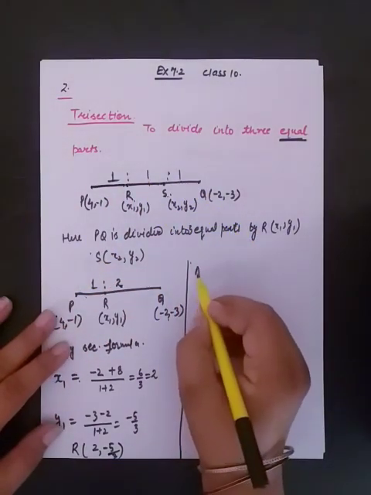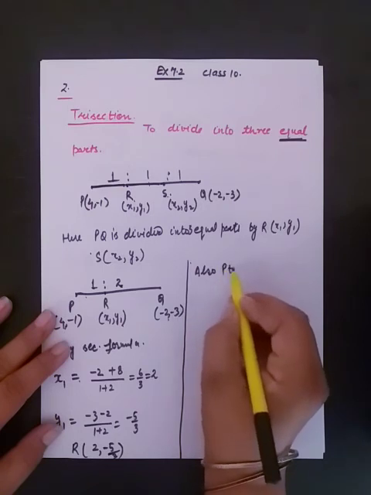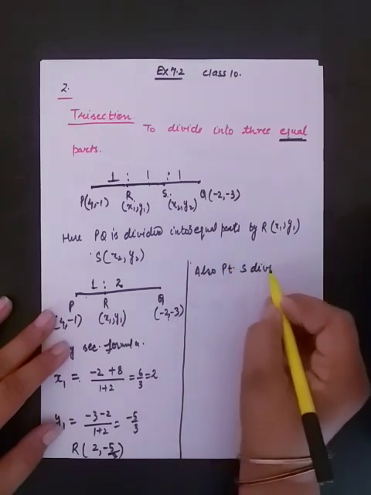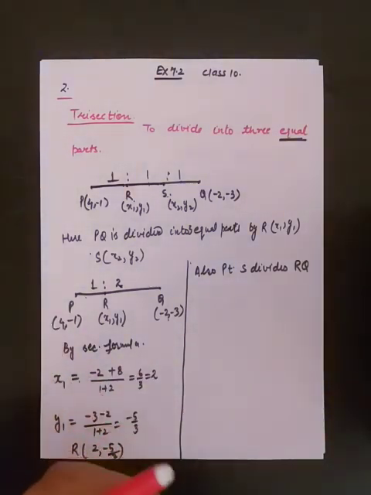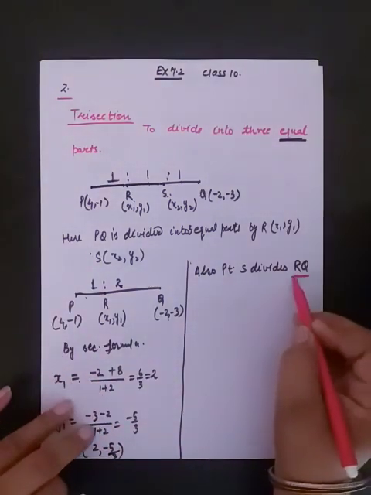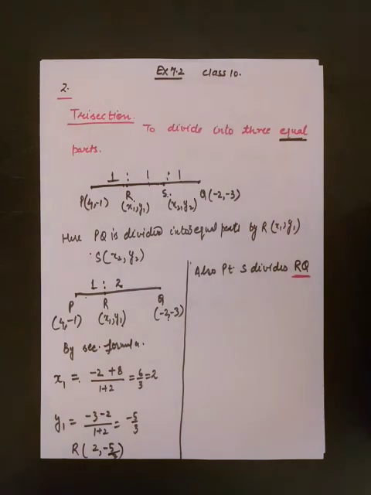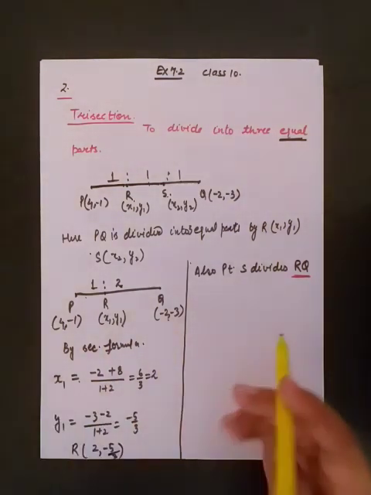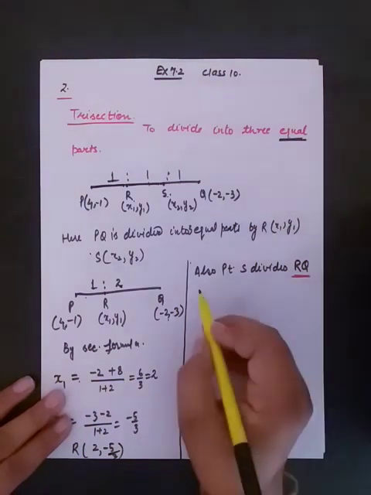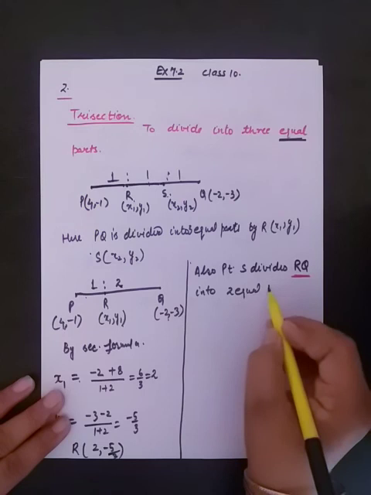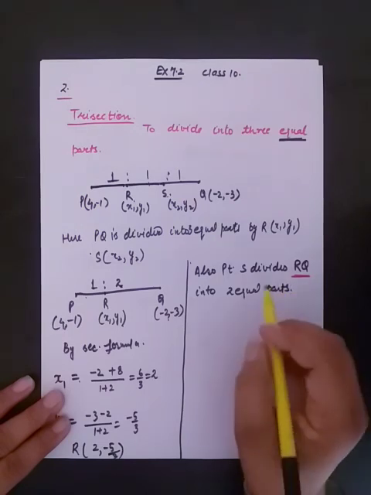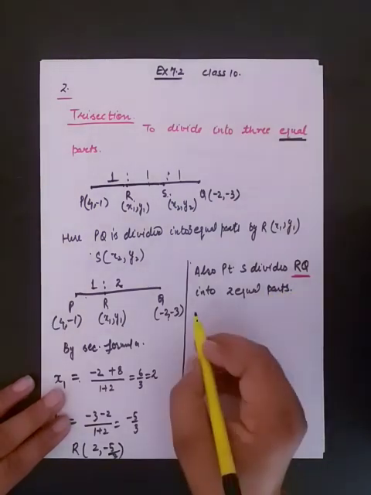Also, point S divides RQ. Here I am changing the name, not PQ, this is RQ. If you are writing PQ, then you have to write the ratio 2:1. Here point S divides RQ into two equal parts, so when the parts are equal, we can use the midpoint formula.